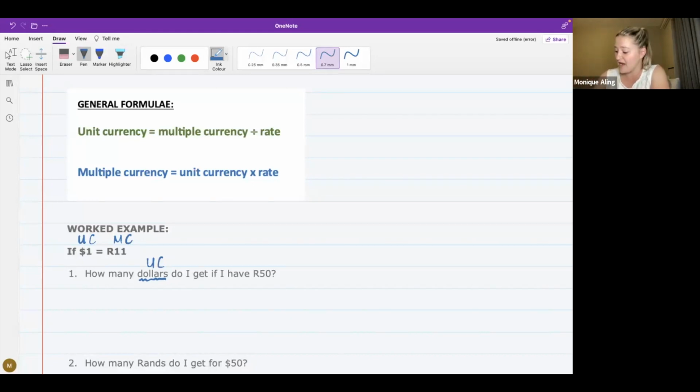Dollars is our unit currency according to the exchange rate they gave us. So if we're working out our unit currency, dollars is equal to our multiple currency divided by the rate. So we're looking at the 50 Rand and we divide by the exchange rate, which is 11 Rand.